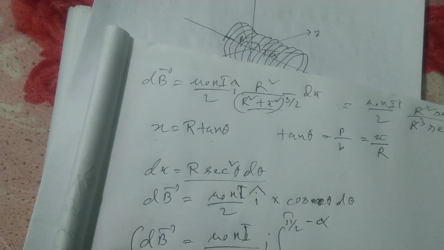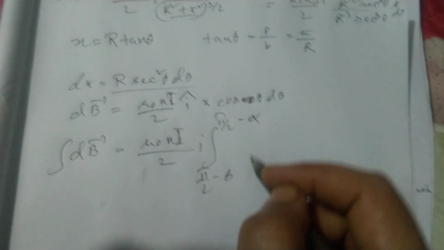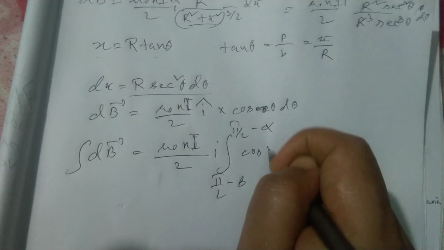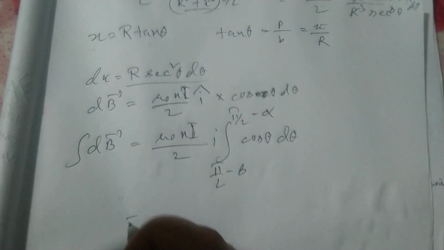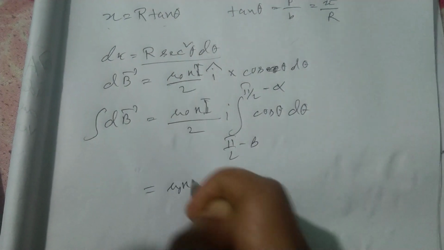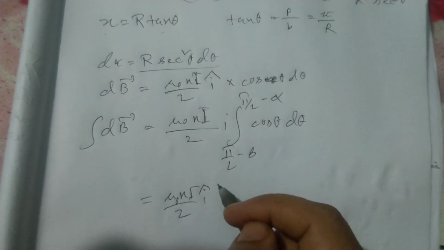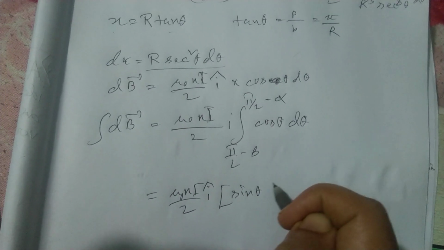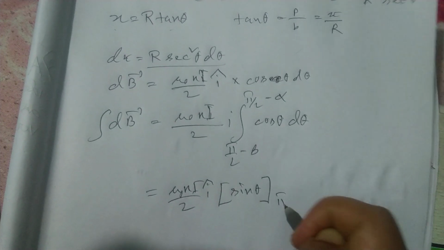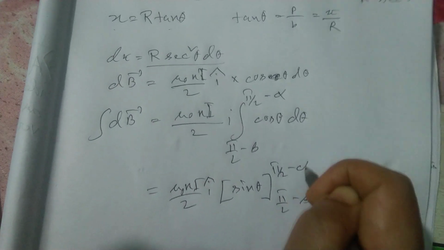So whatever I get here, I am putting in here cos theta into d theta. Now again, mu 0 n I divided by 2 i cap, and this value is sin theta from pi by 2 minus beta to pi by 2 minus alpha.